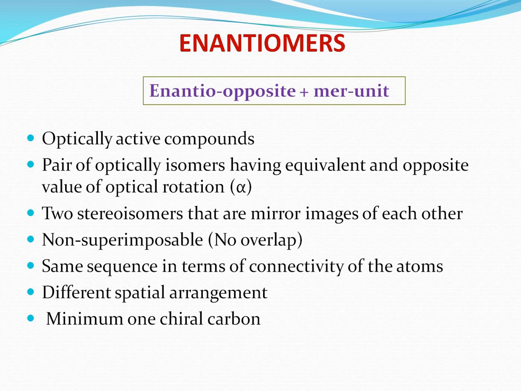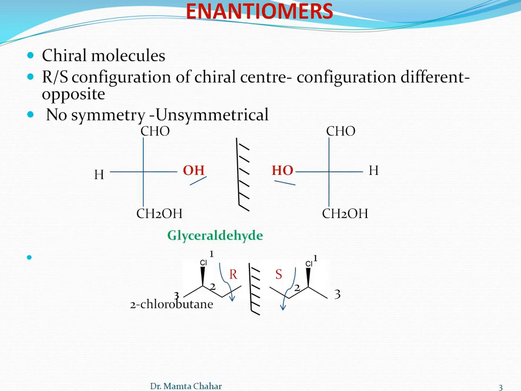So these have the same sequence in terms of connectivity of the atoms and differ in the spatial arrangement of atoms. At least one chiral carbon should be present. These are chiral molecules which have different configurations.